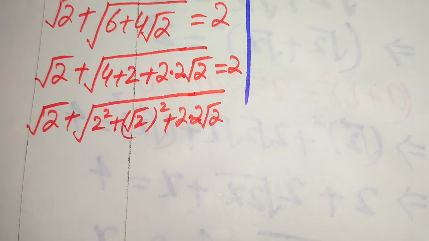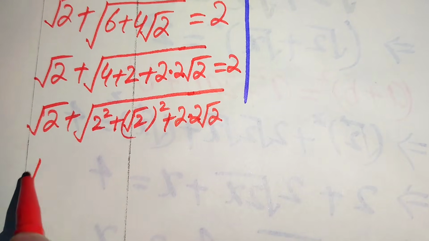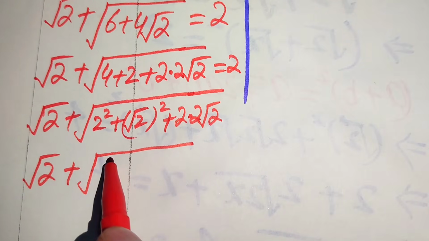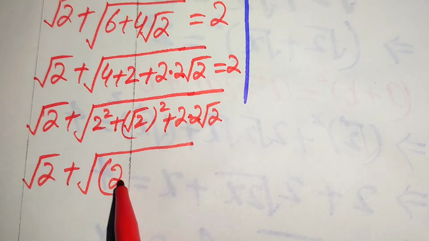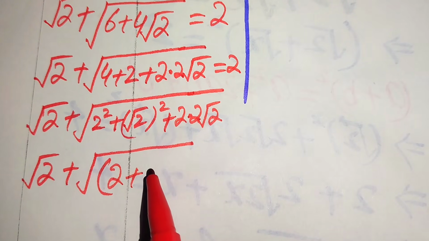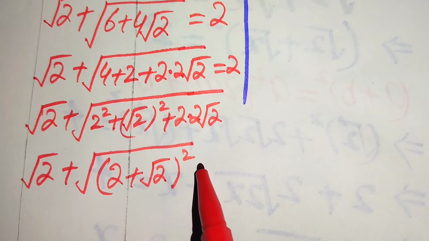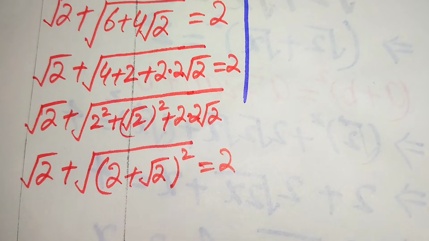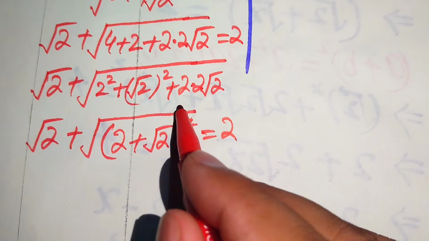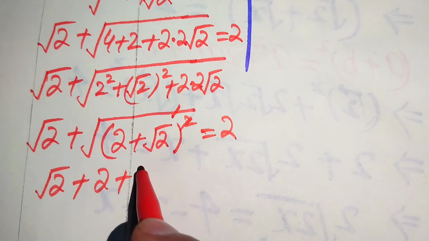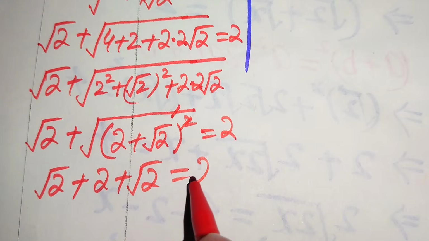So when we combine all of these terms, we write it as square root of 2 plus, when we combine all these terms, we get here 2 plus square root of 2 and its whole square, and is this equal to 2 or not. So this square and this square root are gone, and we get here square root of 2 plus square root of 2 equals 2.